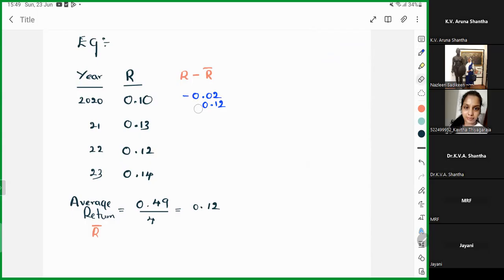From each return, you deduct the average return. 2021, return is 0.13, average return 0.12, so 0.01. Next year, 0.12 minus 0.12, zero. Then the following year, 0.02.